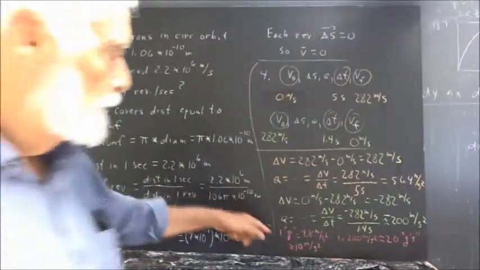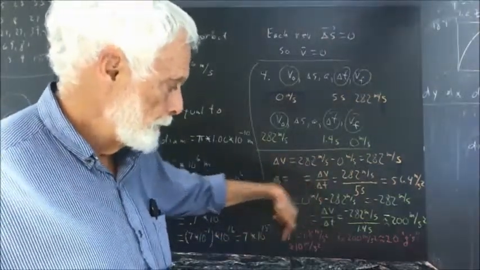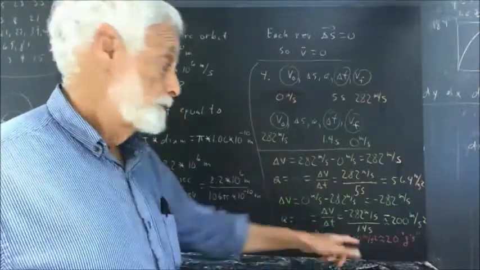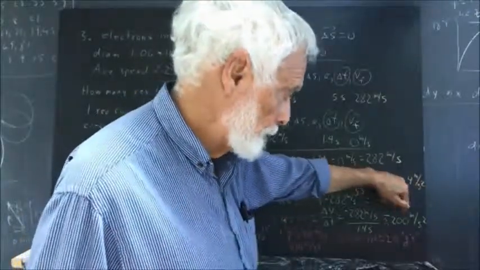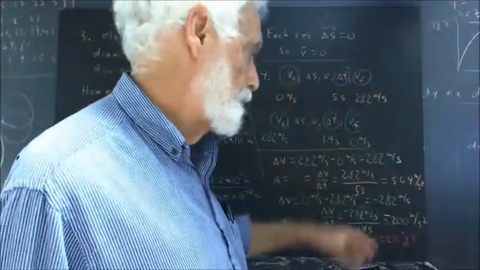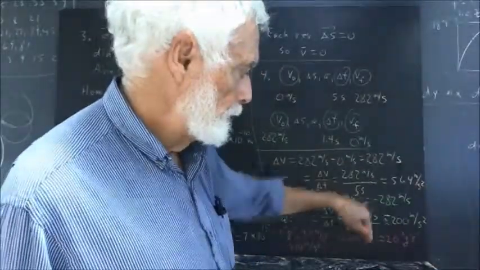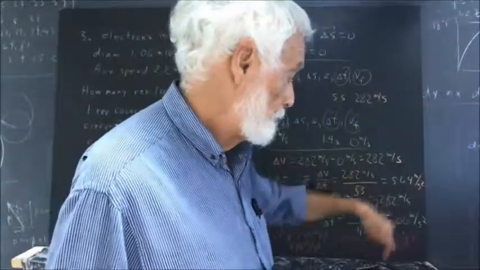Okay, 1 G is the acceleration of gravity, 9.8 meters per second squared, which is approximately 10 meters per second squared. So 200 meters per second squared. Now we got negative 200 meters per second squared here, but when we're calculating G's, we don't worry about plus or minus. 200 meters per second squared then is about 20 G's.